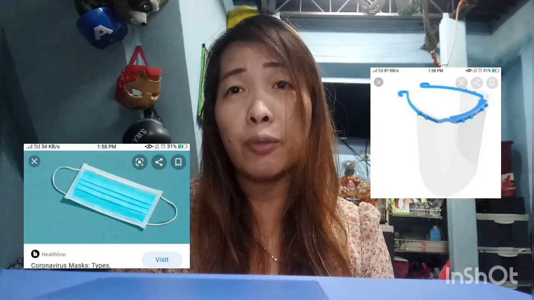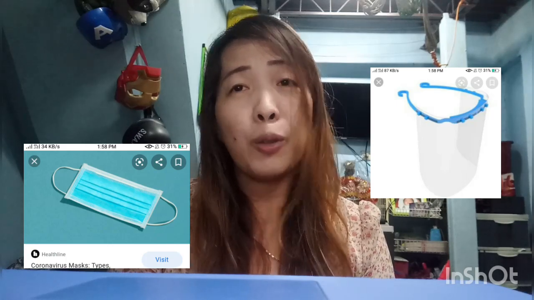Just like, for example, the one that I told you earlier about the face mask and face shields, di ba? Before, the price of the face mask and the face shields were very, very high, and we can really say that there's scarcity, okay, we cannot just buy it anytime in the market, we cannot buy it anywhere, kay grabe wala siya stocks.